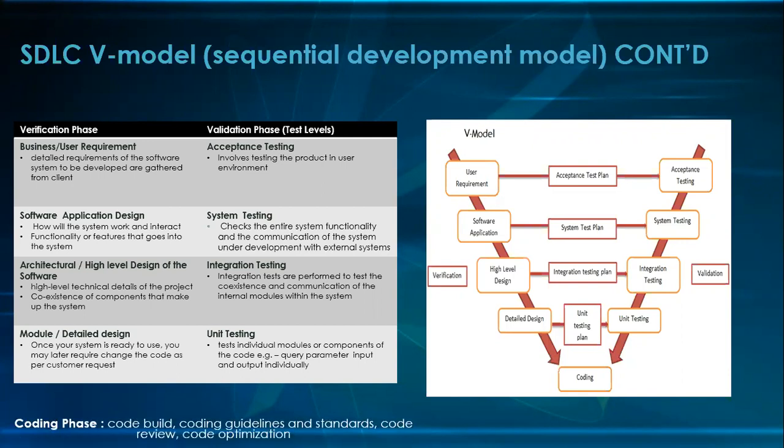So at this coding phase, you code, build, coding guidelines and standards, code review, code optimization. These are meant to happen in the coding phase. You must do a build, you must have the code guidelines. Those things are key.